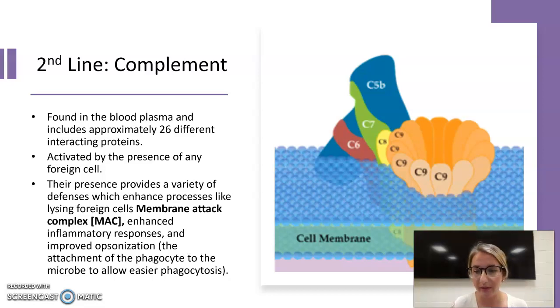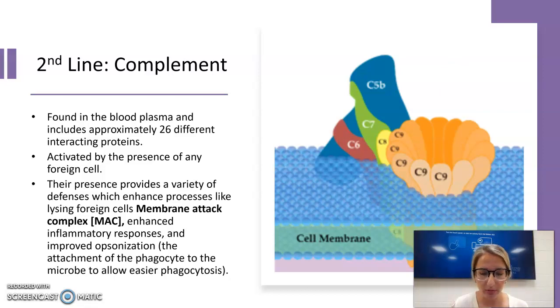When we do get an infection within the blood, that is going to activate complement proteins. And when complement proteins become activated, all 26 of them come together and form this ring-like structure called a membrane attack complex. This membrane attack complex is very important.